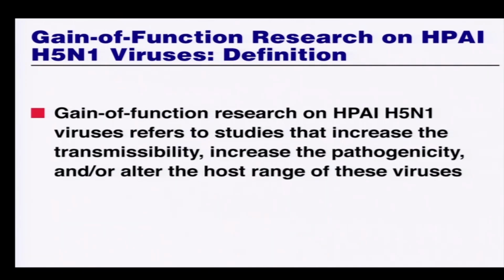What we're talking about now is gain of function research in studies that increase predominantly the transmissibility, as is the case that I'm going to get into in a moment, as well as pathogenesis and alteration of host range of the virus.